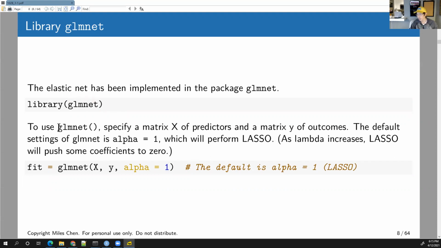To use glmnet, you've got your matrix X of predictors and your matrix Y of the outcomes. The default is alpha equal to 1, which will be lasso. As lambda increases, lasso is going to push some of these coefficients to 0, right?